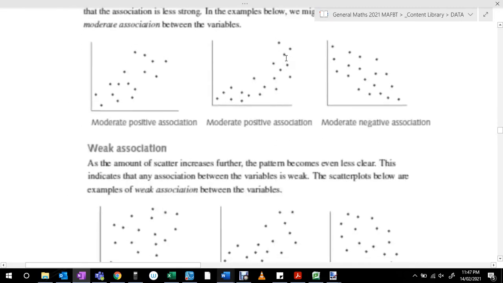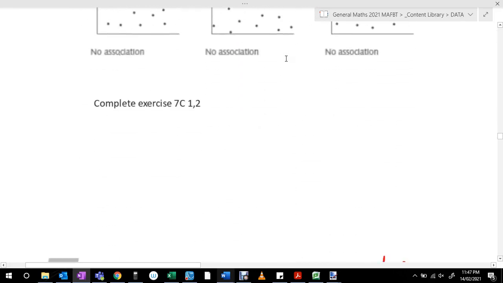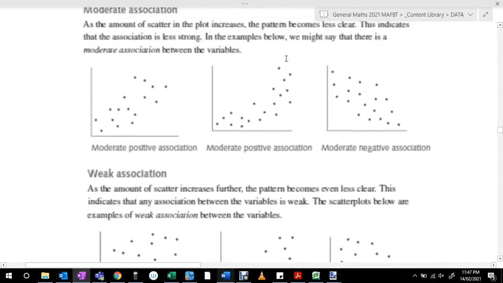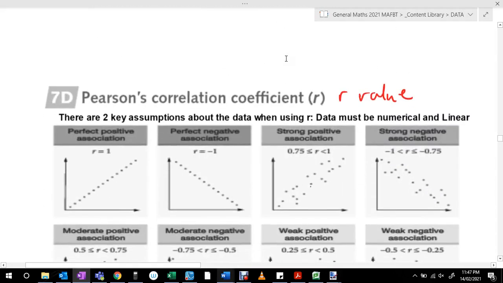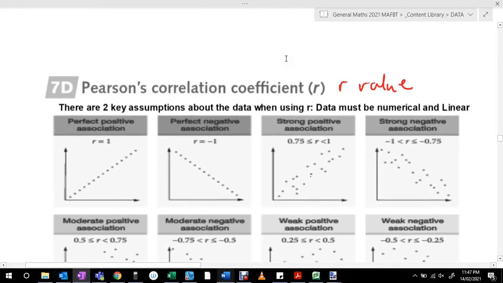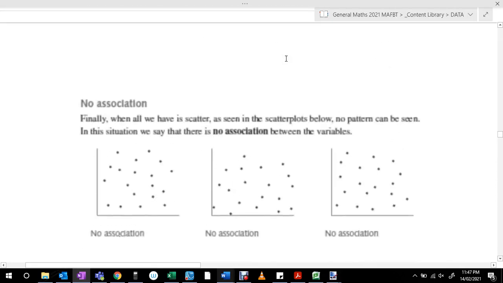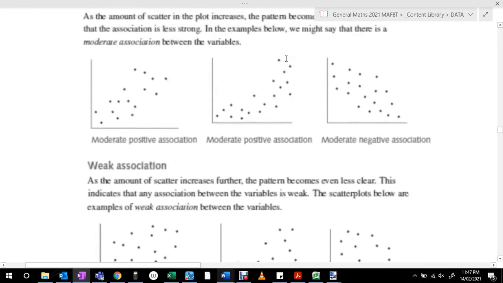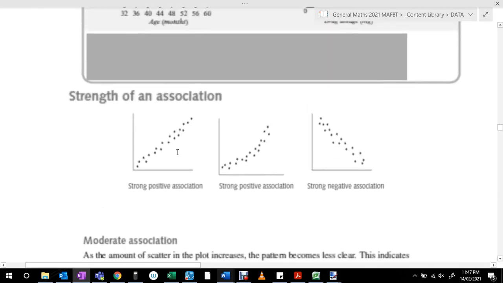And in strength, you've got strong, moderate, and then weak. Okay, so now when it comes to this chapter, or for the previous chapter, remember we were looking at just by eye describing the association of these shapes.